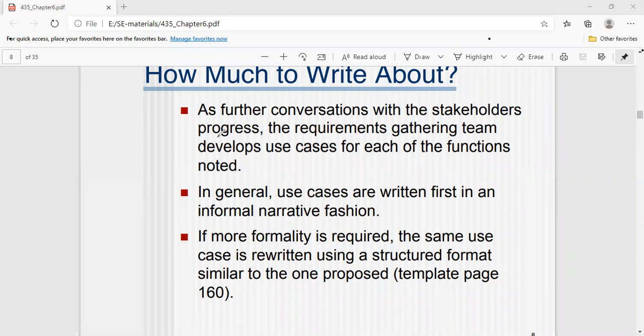As further conversations with the stakeholders progress, the requirements gathering team develops use cases for each of the functions noted. First of all, the team members gathered some information related to a particular function, isn't it?